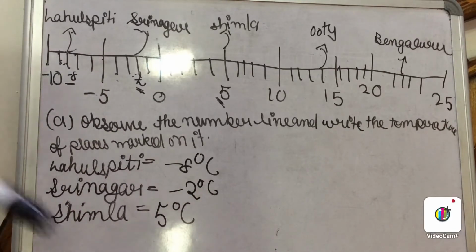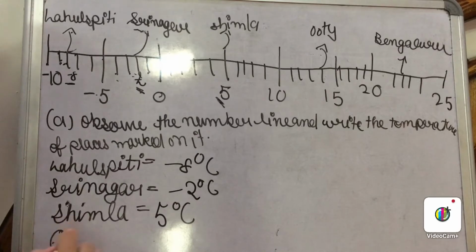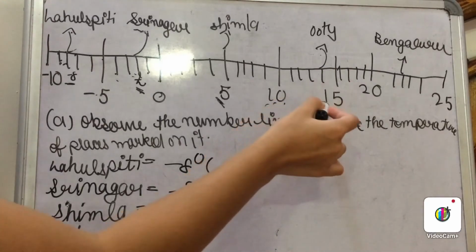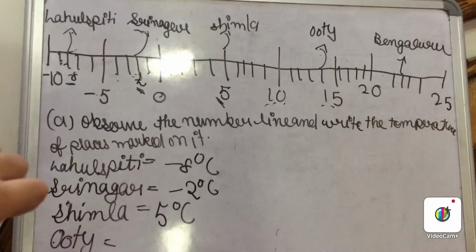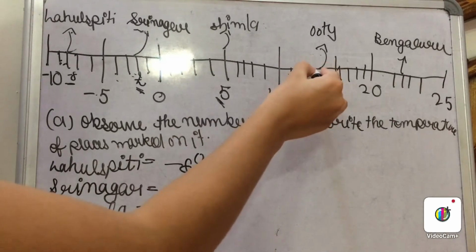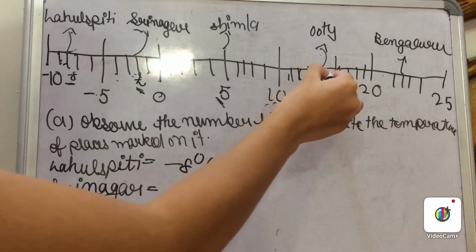Now our next place is Ooty, and let us find out the temperature at Ooty. Let us count the numbers between 10 and 15: 10, 11, 12, 13, 14.